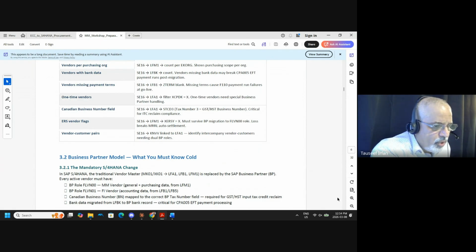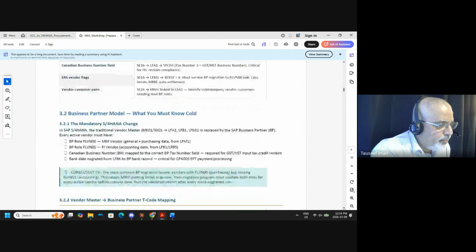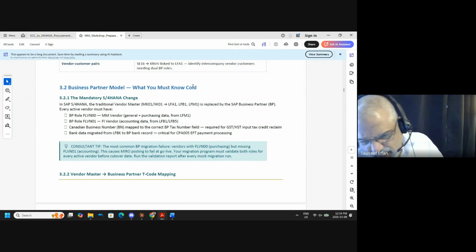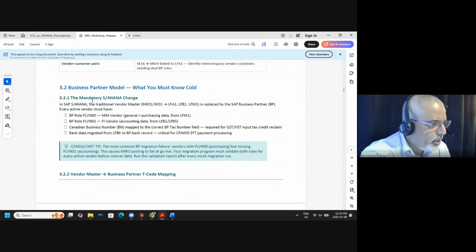Now you are going to the business partner side, which is your S4HANA. What you must know by heart is the mandatory S4HANA change. In SAP S4HANA, the traditional vendor master T codes MK01, XK01, and these tables are replaced by the T code BP.